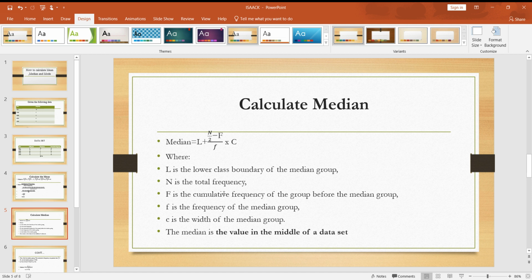Capital F is the cumulative frequency of the group before the median group. Small f is the frequency of the median group. C is the width of the median group. And median, as we said earlier, is the value in the middle of that data set.